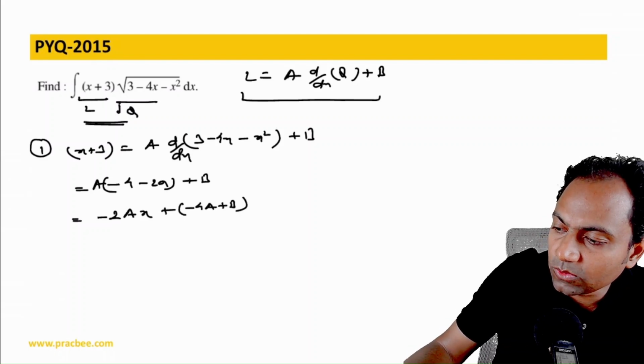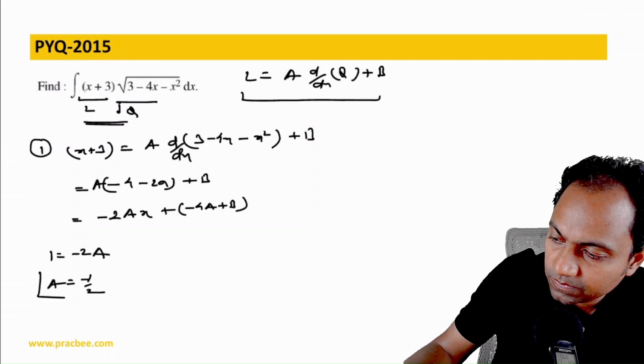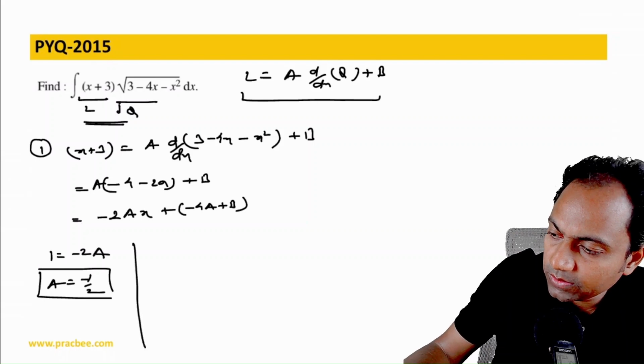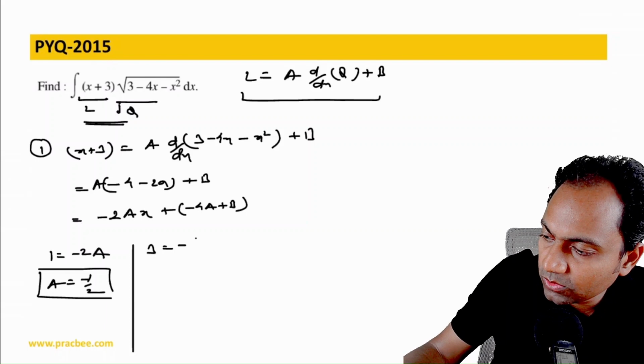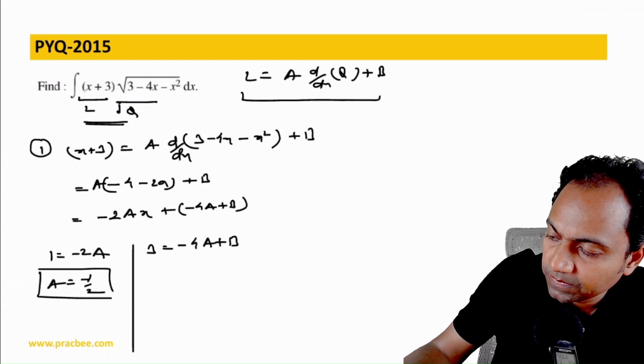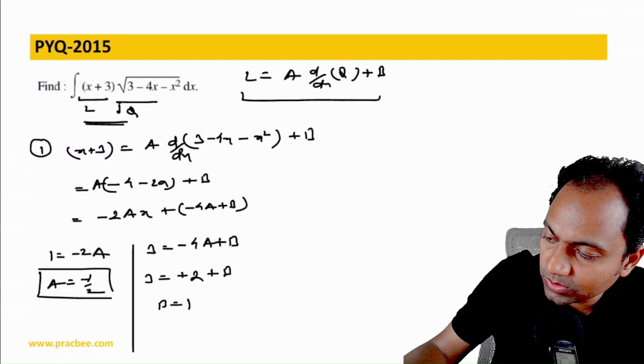And if I compare the coefficients, 1 will be equal to minus 2a, or the value of a becomes nothing but minus 1 by 2. And if I do it for the constant part, it becomes 3 is equal to minus 4a plus b. If I put the value of a here, it becomes nothing but plus 2 plus b, or the value of b comes out to be nothing but 1.